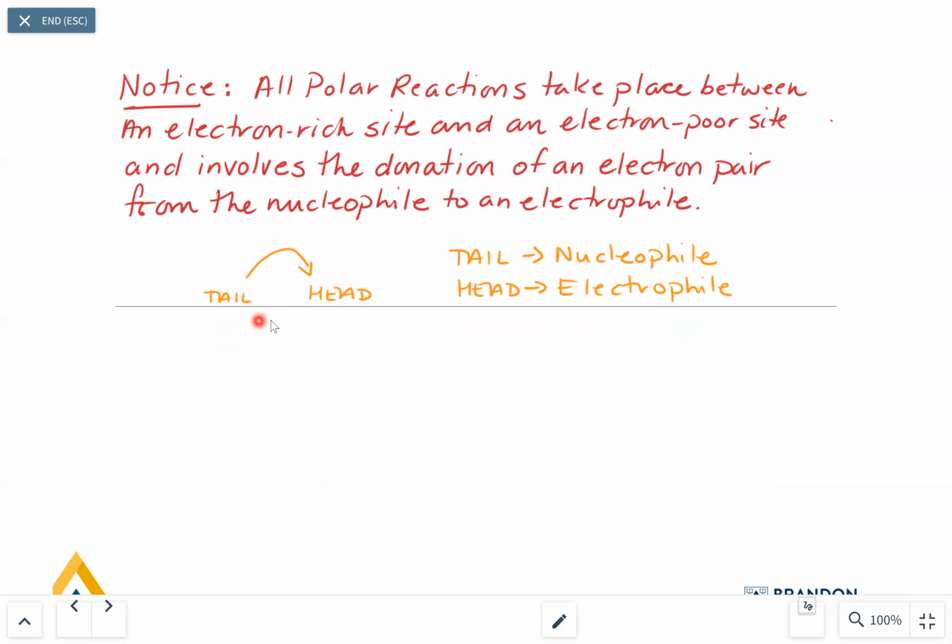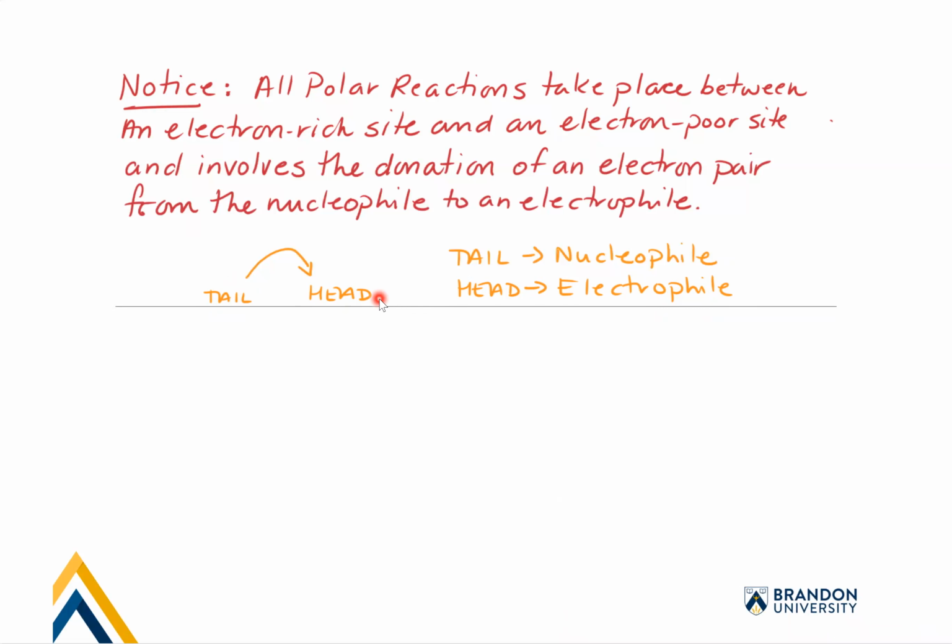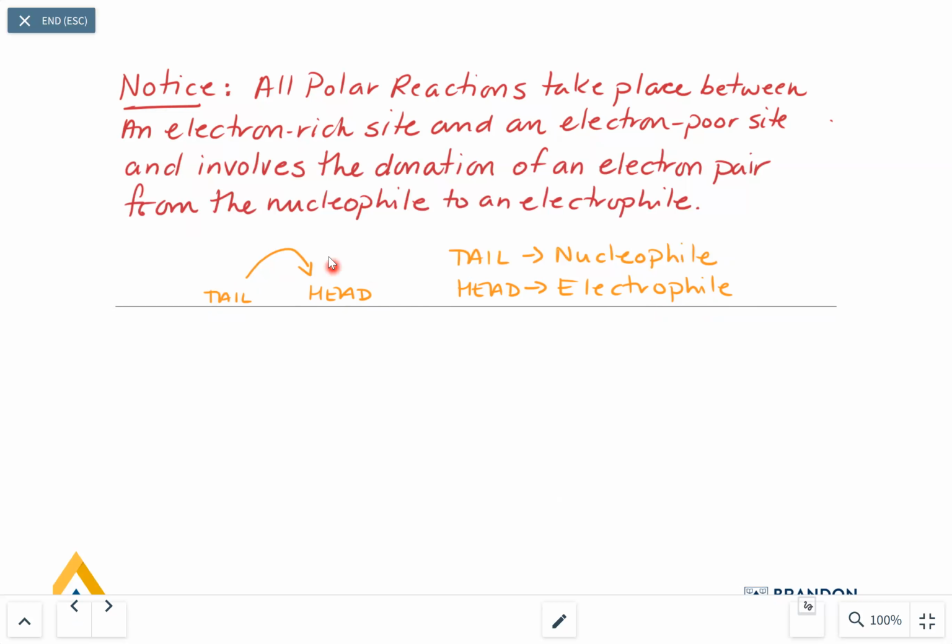So the tail end starts where the electrons are, and that will be the nucleophile, and the pointy end of the arrow is going to point towards the electrophile, so it's going to be the delta plus or the full-on positive charge. This is consistent throughout the entire system, so that's how it's always going to work.